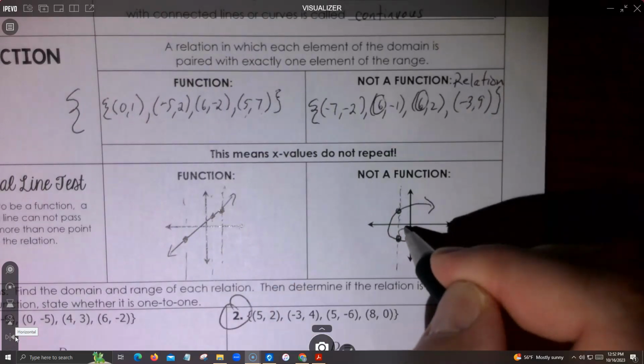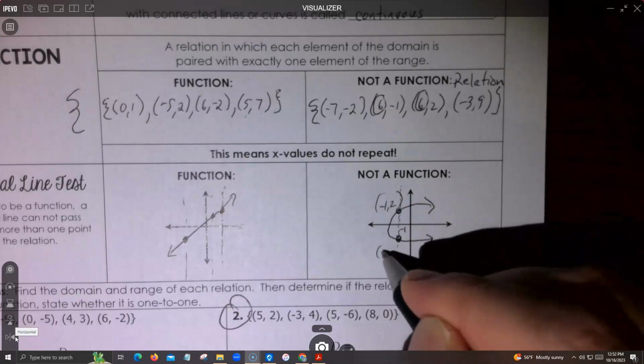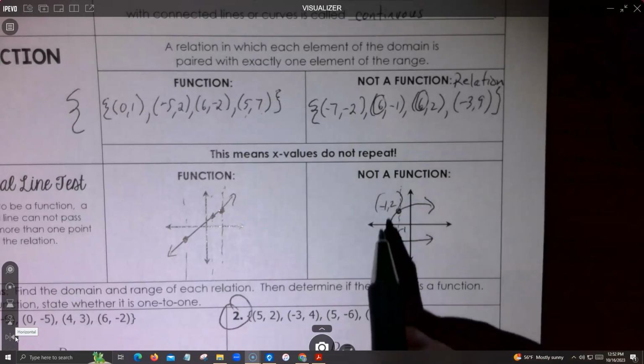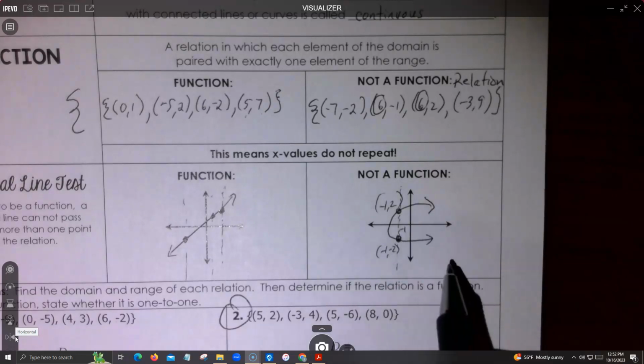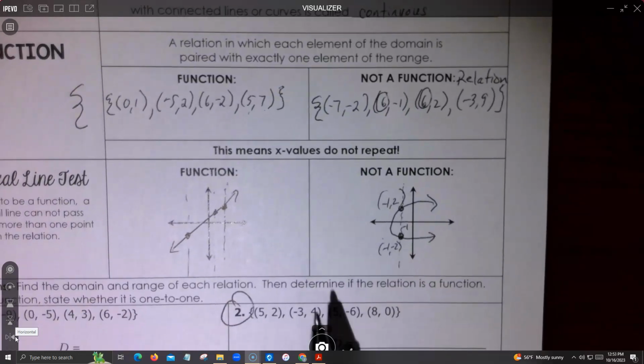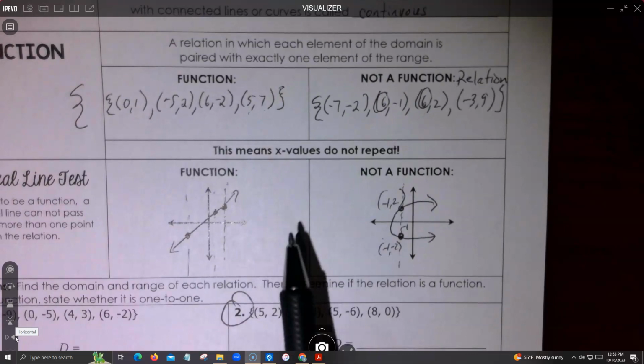This would be (-1, 2), and this one would be (-1, -2). See how I've got one x value going to two different values of y, which is not allowed. The vertical line test is a lot faster than having to take ordered pairs like I did here, but that's the reason why this vertical line test works.